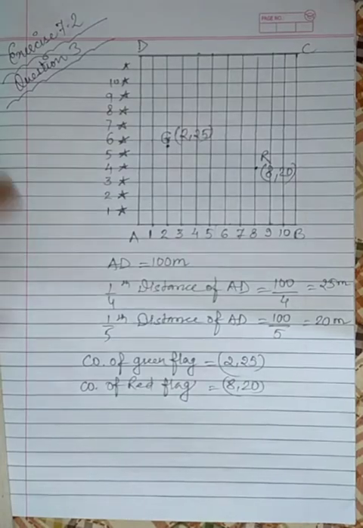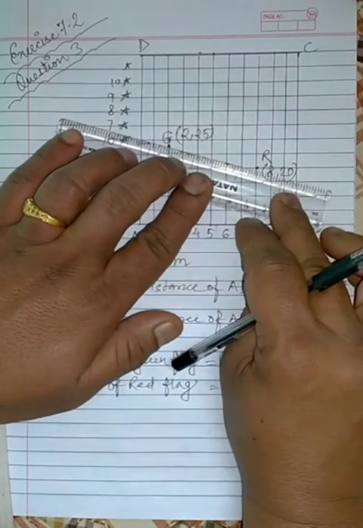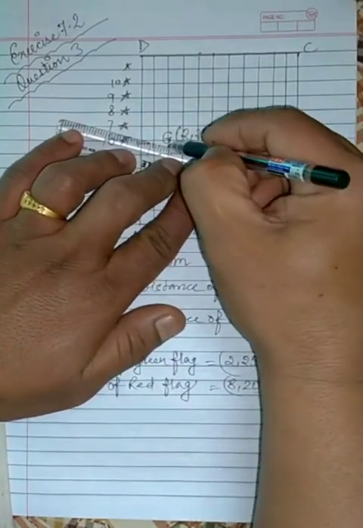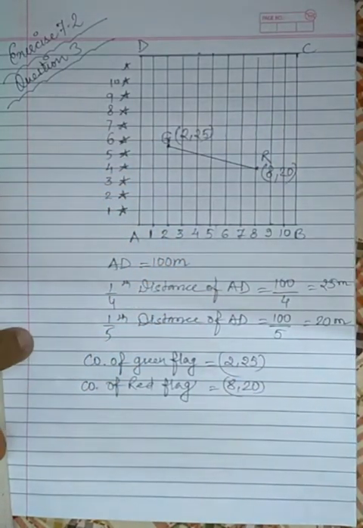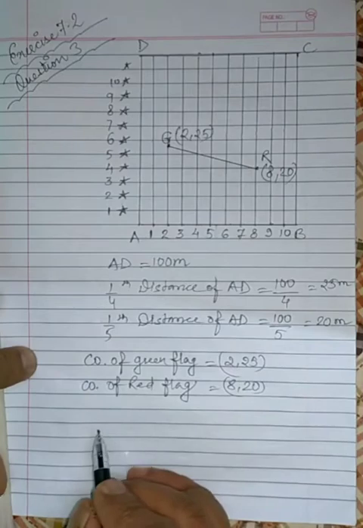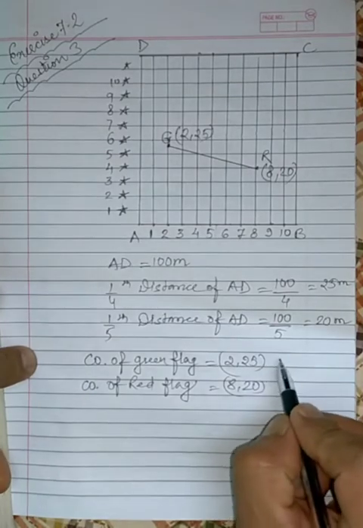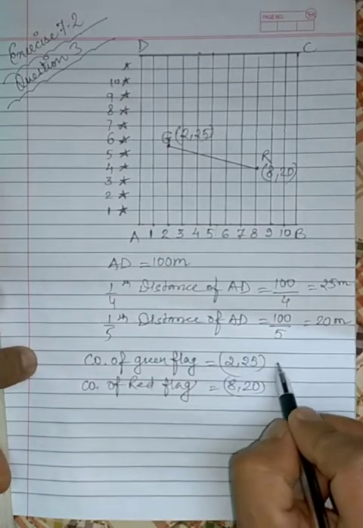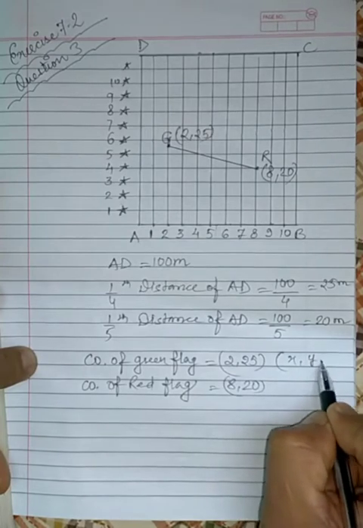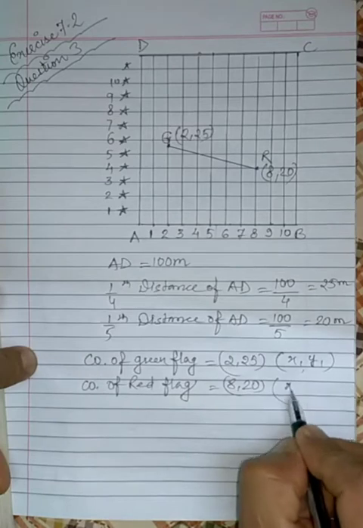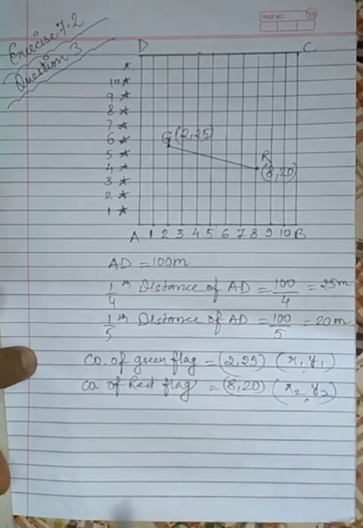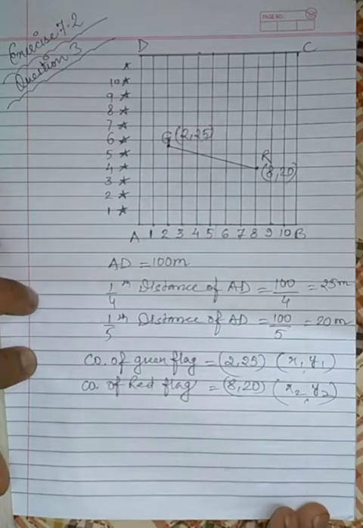So the distance between G and R, green flag and red flag, we have to find out by using the distance formula. Before that, let us consider the coordinates of the green flag as x1, y1 and coordinates of the red flag as x2, y2. Okay.